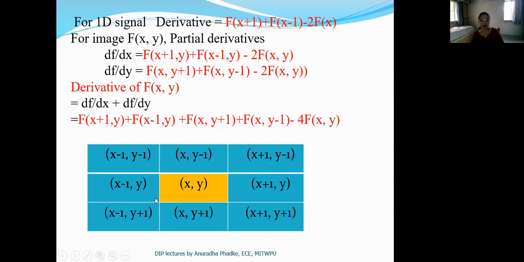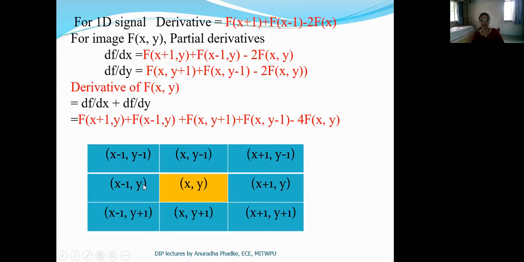As shown here, if this is your pixel at location x y, it is f of x y, the pixel value at location x y. Now this is your previous pixel from the same row, so the x coordinate value is decremented by 1. So this is your x minus 1, y position. And here you will get the next pixel from the same row, so it is x plus 1, y.